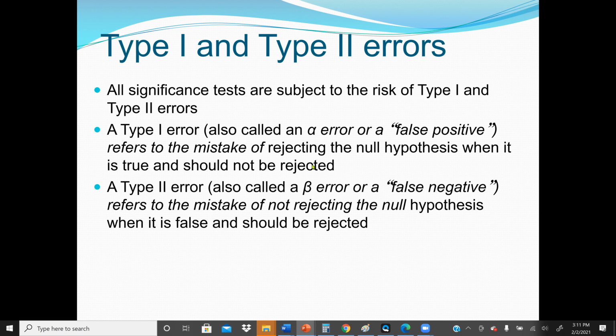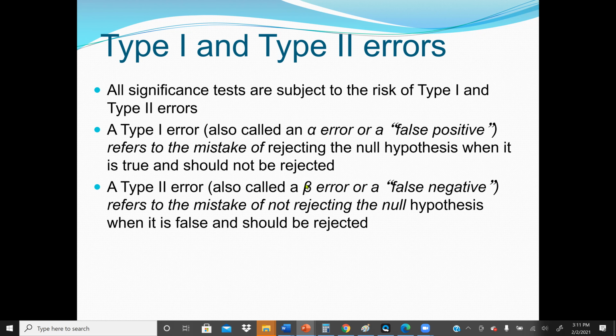Again, we'll go through this in more detail somewhere along the line. But type 1 error, also called a false positive, refers to the mistake of rejecting the null hypothesis when it is true. So type 1 error is rejecting a true hypothesis that should not be rejected.